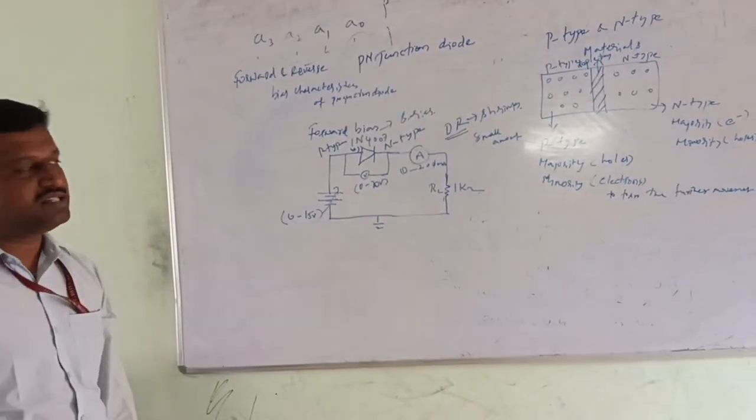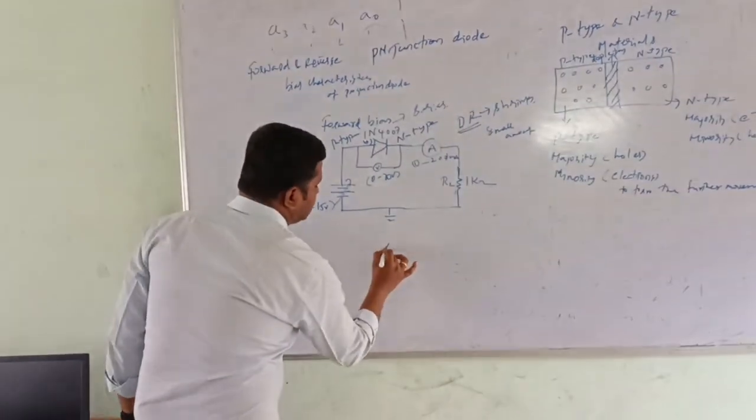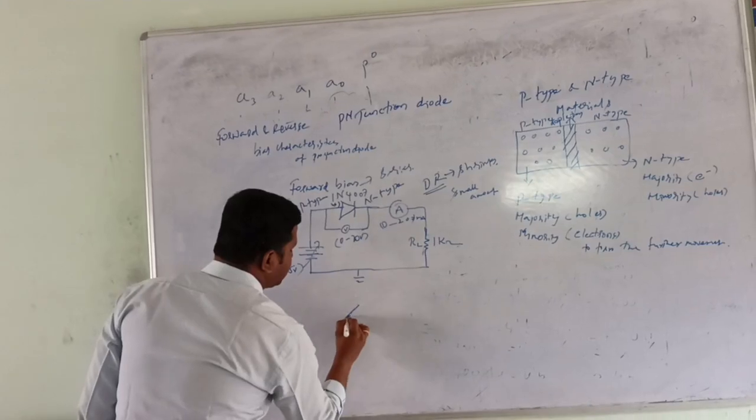In the reverse bias, it is very easy. Only the diode is reversed. The diode is in the reverse bias condition.